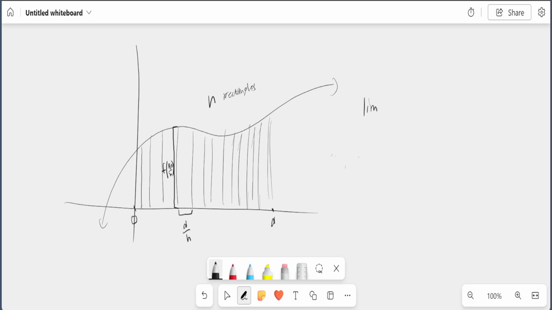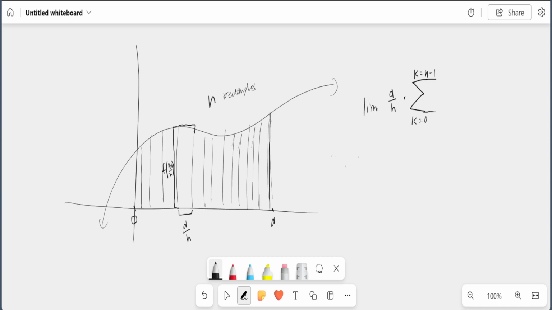And to represent that, we can say the limit of a over n times the infinite sum from k equals 0 to k equals n minus 1. The reason it's n minus 1 and not n is because we're taking the y value of each of these over here.